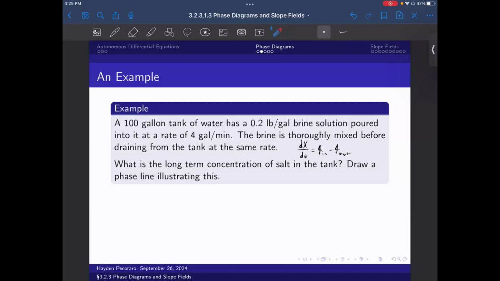Do you have a number for me here? Zero? Not zero. We do have brine going in, so we should have a positive number here. Does anybody have a differential equation for me? So what do we get when we start plugging things in using our standard mixing problem knowledge?